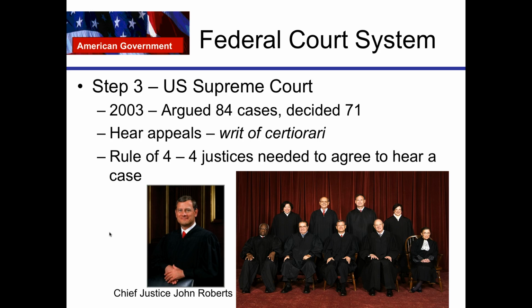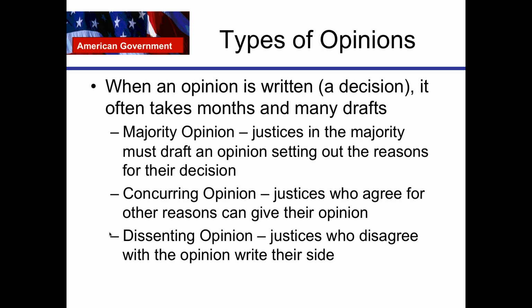So let's take a look at different types of opinions that the Supreme Court can write up. So an opinion is a written decision. It often takes months. There's many drafts. You have a majority opinion, and the group of justices in the majority must draft an opinion setting out the reasons for their decision. You can have a concurring opinion.